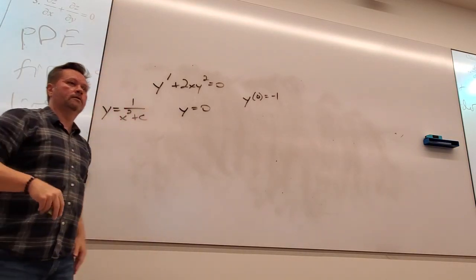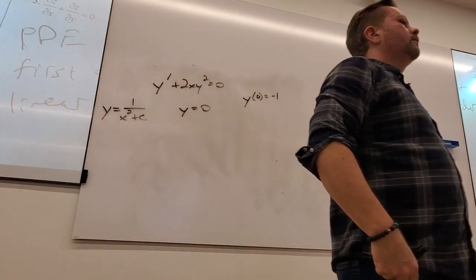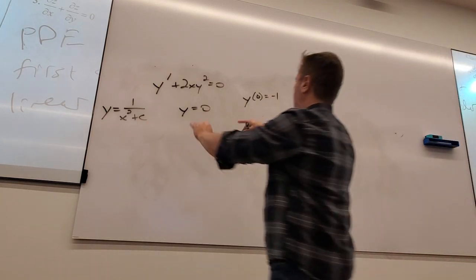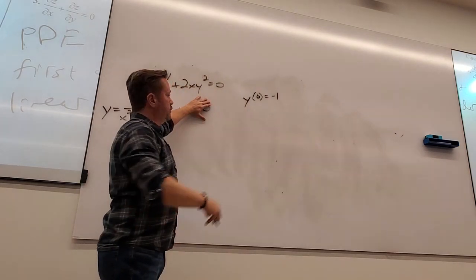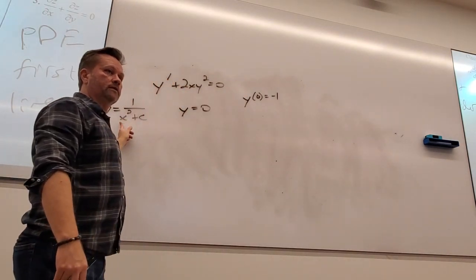If you have an equation and you find out that it has more solutions, would you only give that after, or do you have to find all the solutions first? In this example, you want to know ahead of time what all the possible solutions are. If you didn't write this down and didn't realize that's a possible solution, and I gave you an initial condition of y of 0 equals 0, you're going to freak out trying to get this to work.